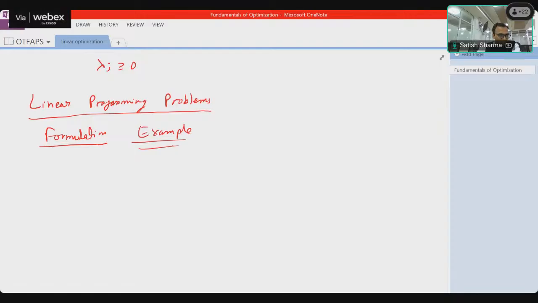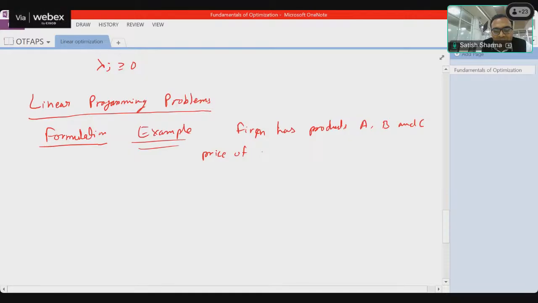So let's say, for example, there is a firm, and this firm has certain products, and these products are, let's say, A, B, and C. These are the three products, and the price per unit is, let's say, 3, 2, and 4 rupees or dollars per unit, whatever we take.